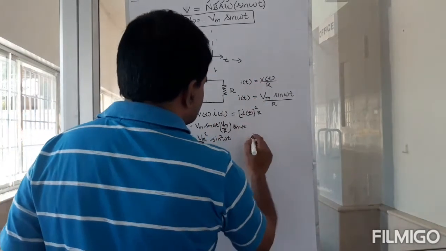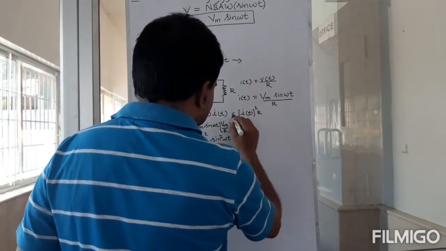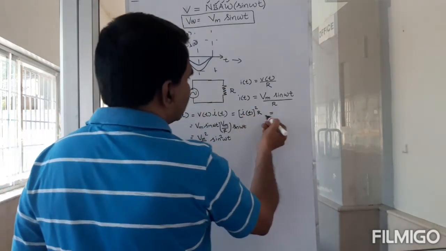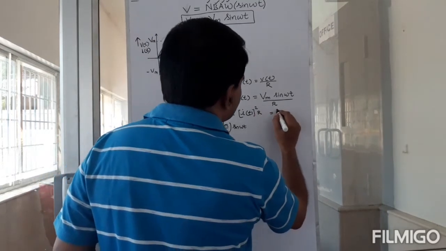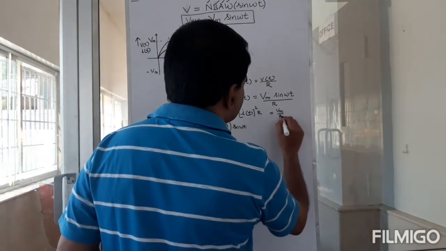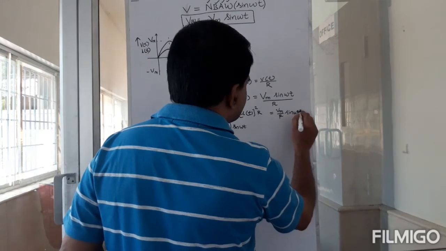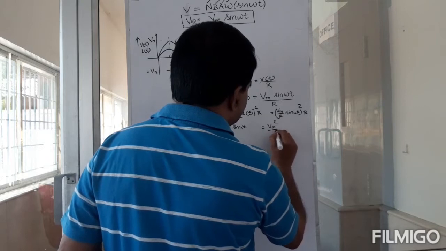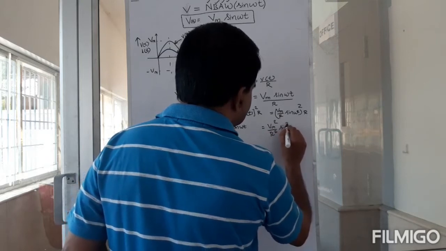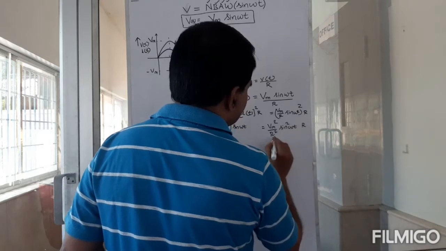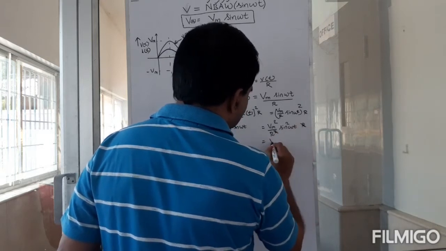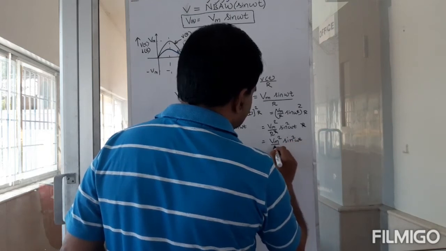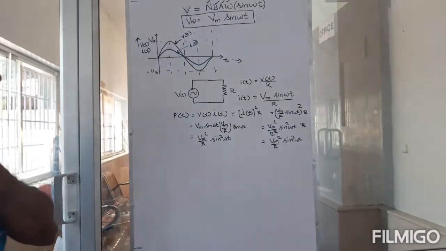And if I use this method, this is equal to Vm by R sin omega t the whole square into R. So that would be Vm square by R square sin square omega t into R. So this will cancel. So we will get Vm square sin square omega t by R. So either way you get the same thing.